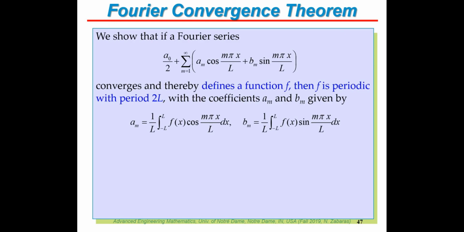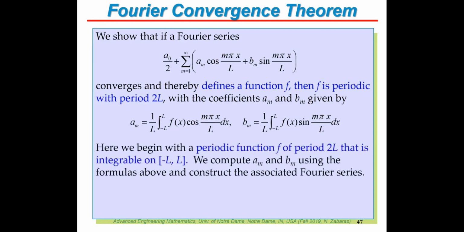So we haven't really said very much here beyond the fact that we start with a function f of x that is periodic. And I'm assuming also the function here is integrable in the interval from minus L to L. But with all that, we just computed the coefficients A_m and B_m, plug them in this expansion, and that's the Fourier representation.